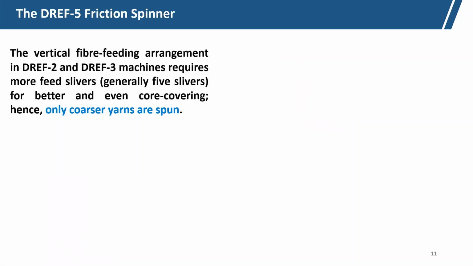Also, the problem of DREF 2 and DREF 3 is that more slivers are required, generally 5 slivers for better and even core covering. Where we need more slivers, that is why it can only produce the coarser yarn. 5 slivers generally we require for yarn formation in DREF 2, and for DREF 3 we need proper core covering, so for that we need a large number of slivers.